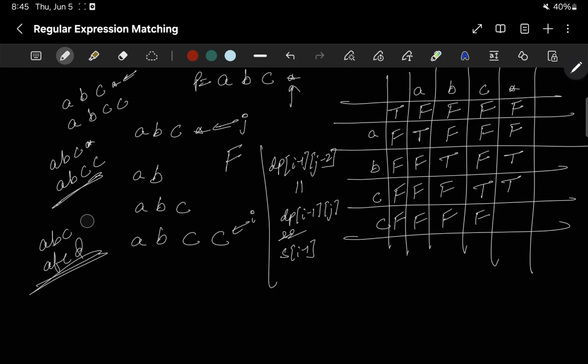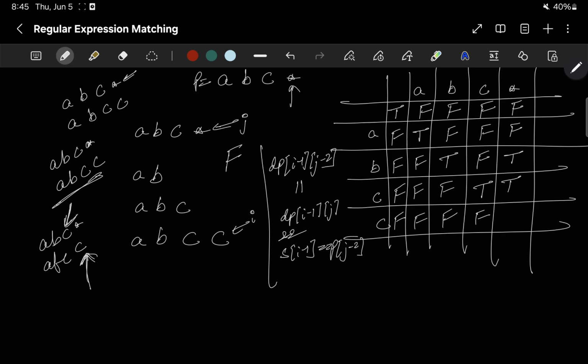So you will also have to make sure that this character, the character that had occurred just before star, is matching the current I. So S of I minus 1 is equal to P of j minus 2.